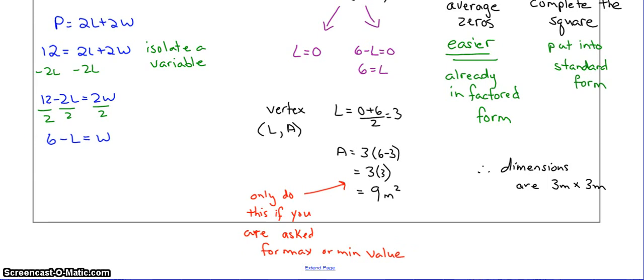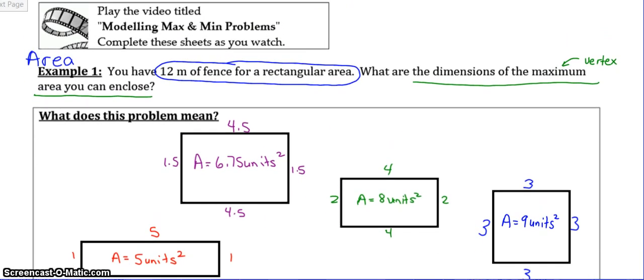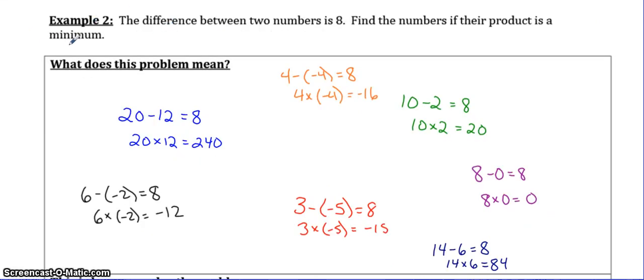Alright, so that's your first type of example, which is an area problem. We're now going to move on to the second type of example. So example number 2 is what we call a sum or difference problem.